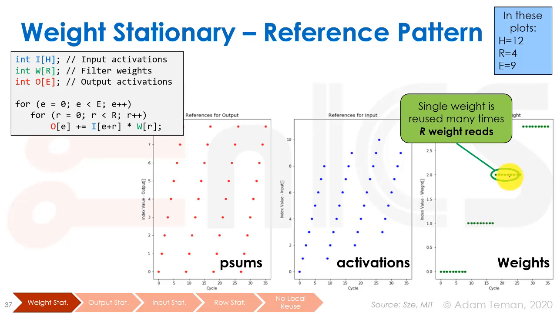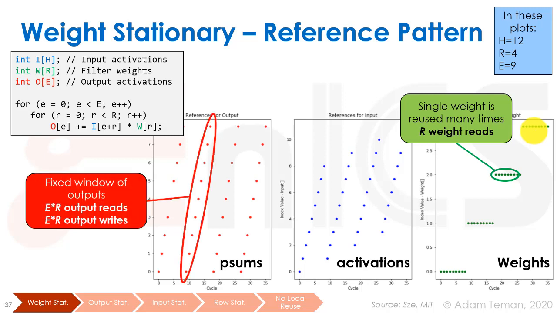So that means we're going to use our weights many times without changing them, and we only actually have R times we actually have to go and read new weights from the global buffer. On the other hand, with our partial sums, we have this fixed window that keeps on throwing out our partial sums and reading them again.